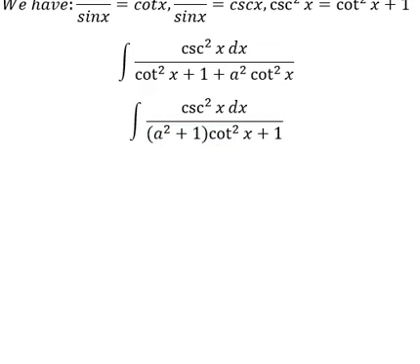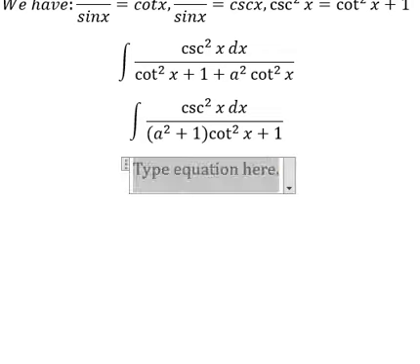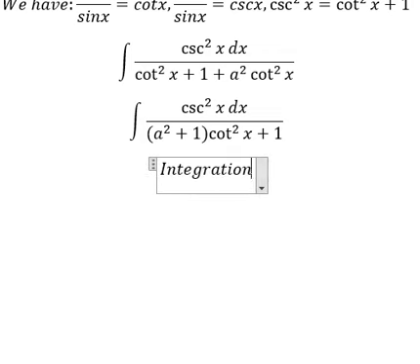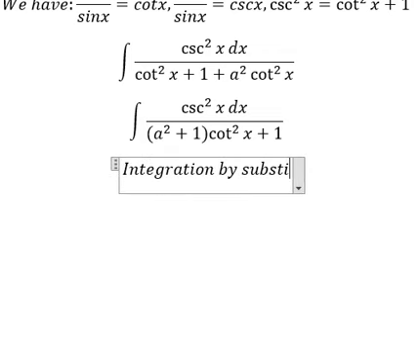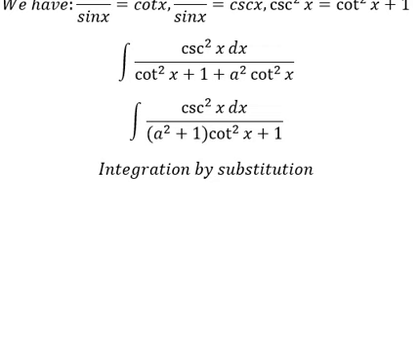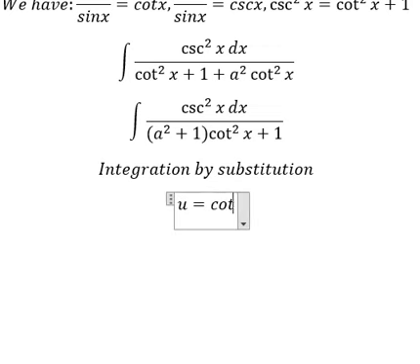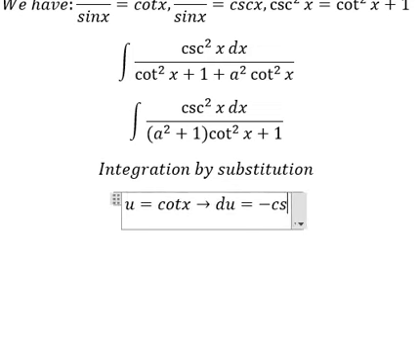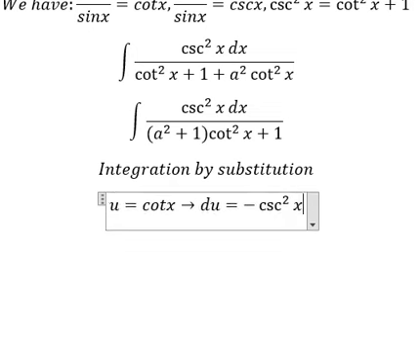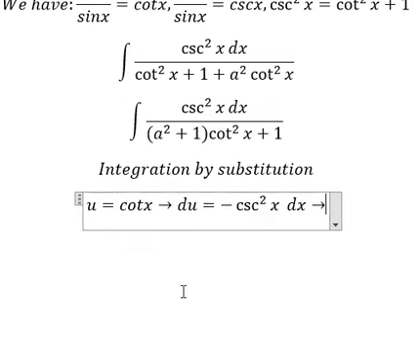So we can use integration by substitution. So I will put u equals to cosine x. After that we need to do first the derivative for both sides, and we have negative cosecant of x squared dx.